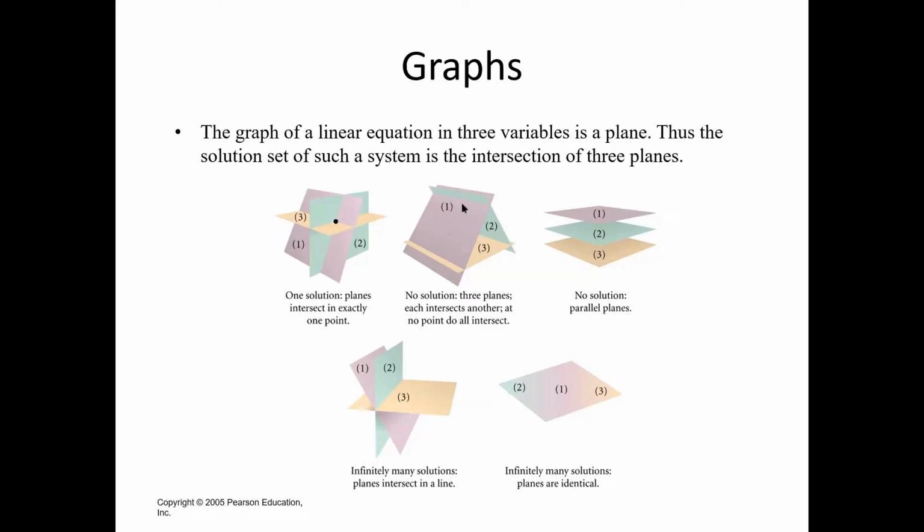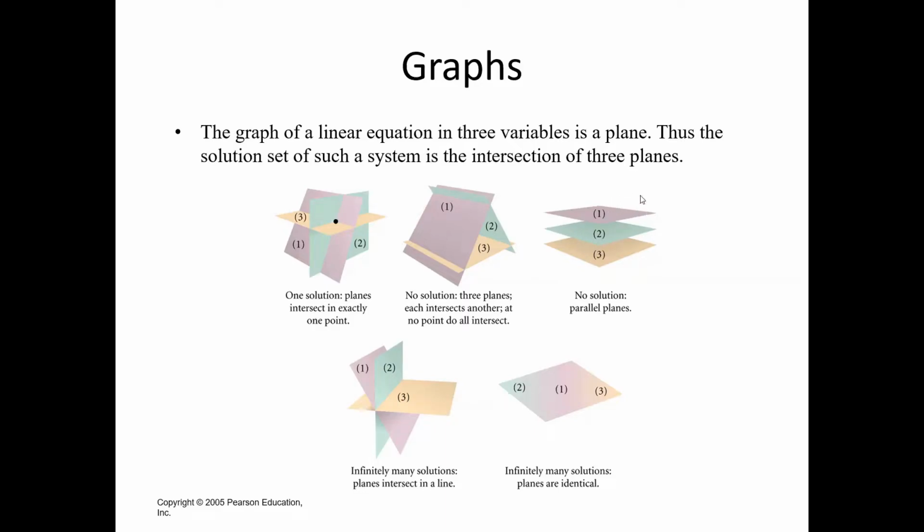Now, if you look at these, although plane number 1 and plane number 2 intersect in a line right here, plane number 1 and plane number 3 intersect in a line right there, and plane number 3 and number 2 intersect in a line there. There is nowhere that all three of these intersect at the same time. So in that case, there's no solution.